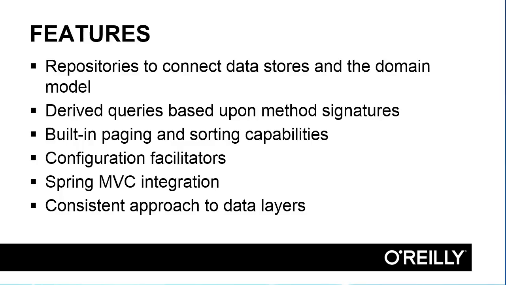Now, one of the neat things about repositories is that we can create these methods, and the name of the method will define a query that the Spring Data project can derive from our method name. So I can write something like findByLastName, and Spring Data can inspect that method name and derive some query, like maybe something like select star from person where last name is equal to some value. We'll see this in action in a little bit. It's a very powerful feature that saves you from writing a lot of SQL.